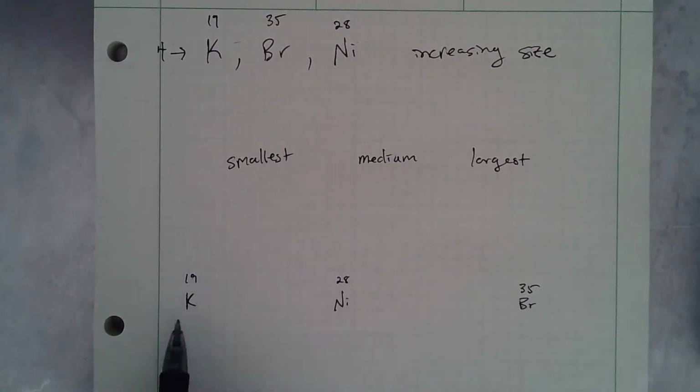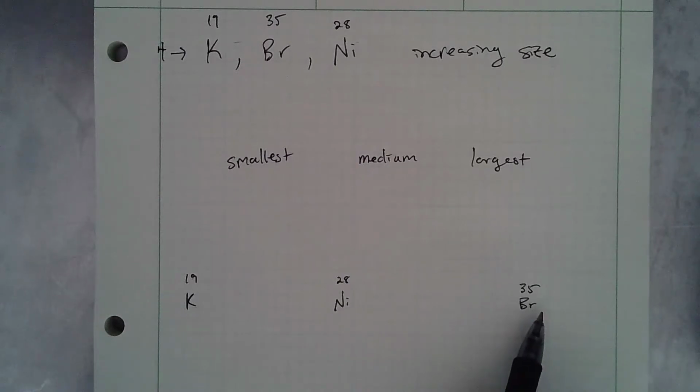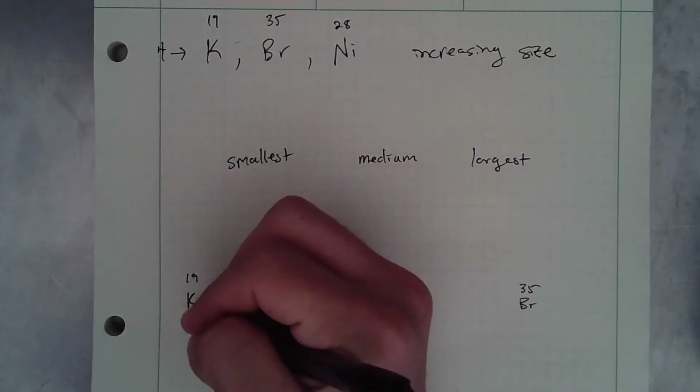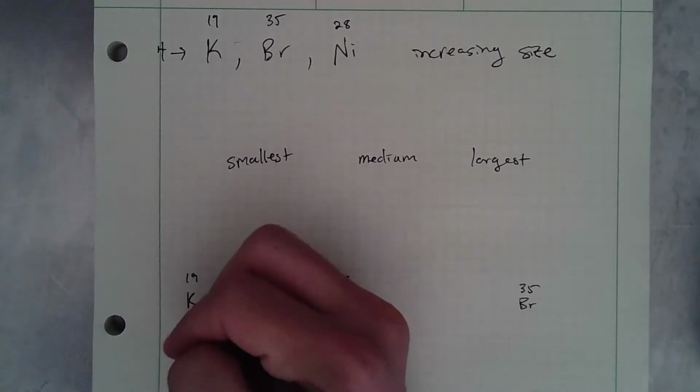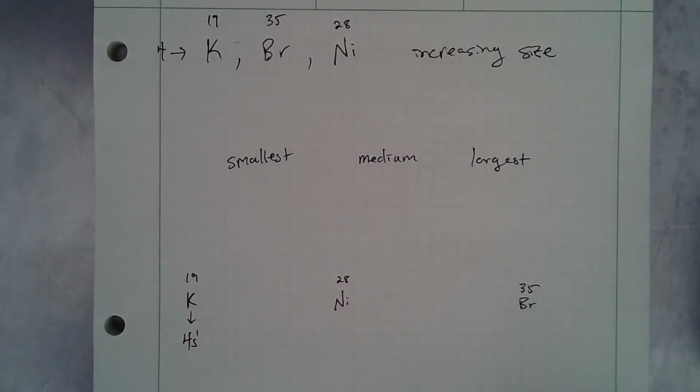These elements are all in the same row. Let's look at where their last electron is, or put it this way, let's look at the final term of their electron configuration. The final term in the electron configuration for potassium is 4s1.